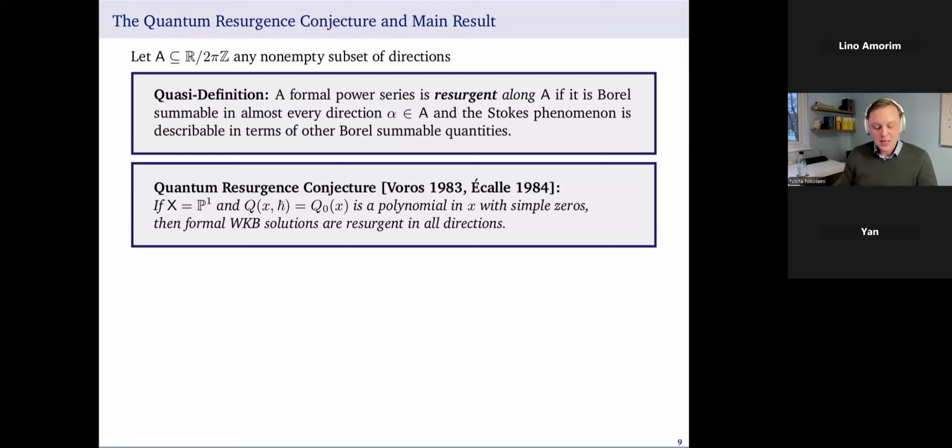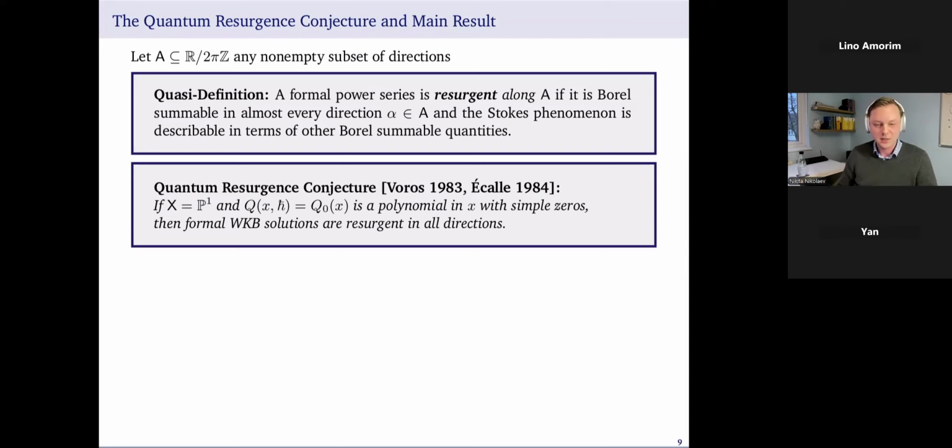Suppose I'm on P1 and my potential does not depend on h bar, so I've just got the leading order term Q0, and this Q0 is a polynomial in x. So there are no poles in the complex plane, just poles at infinity. Then the conjecture says that if you write down the formal WKB solutions, they are resurgent in all directions.